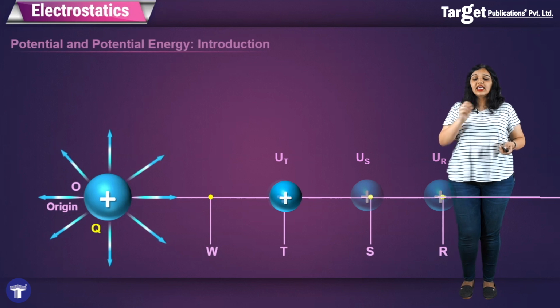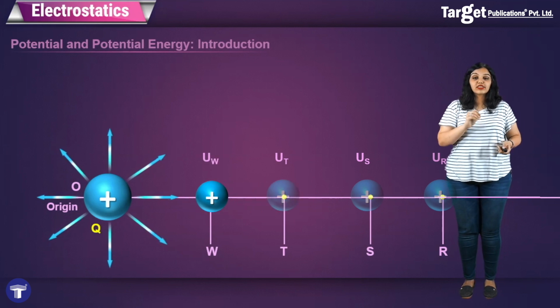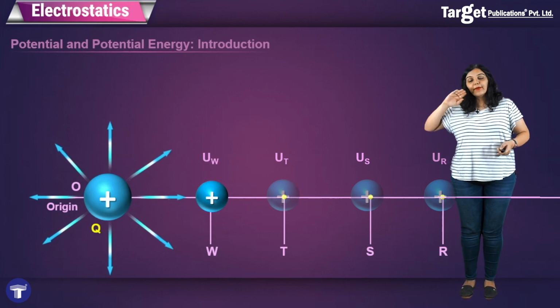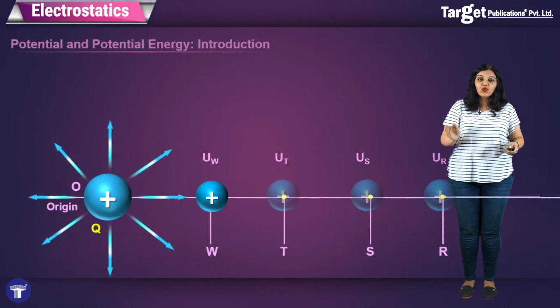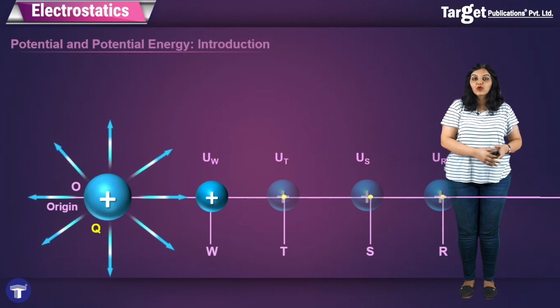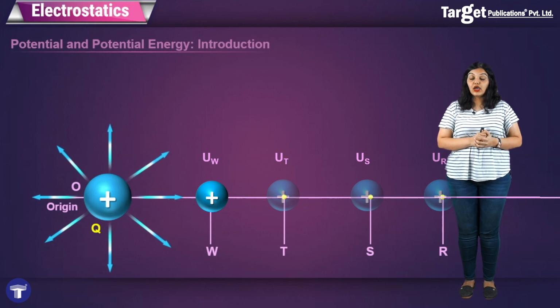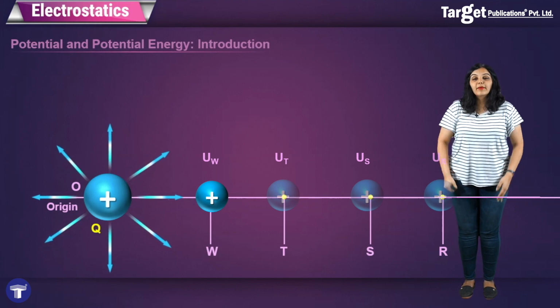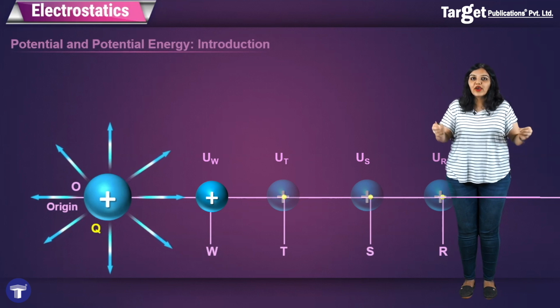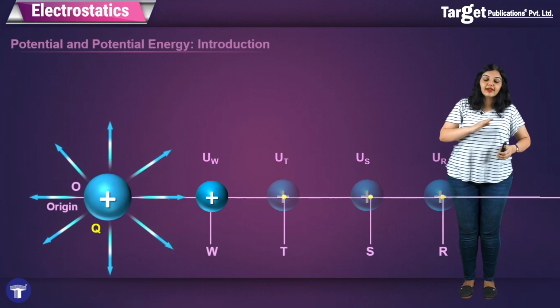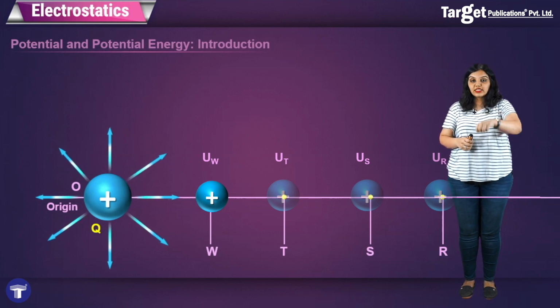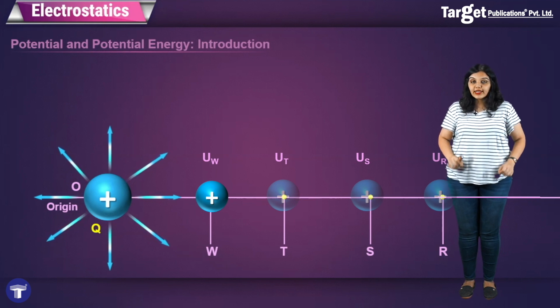So as you can see, every point possesses an electrostatic potential energy, and as I brought the charge from infinity to R, to S, to T, to W, finally I see that the charge has attained an electrostatic potential energy of UW. But here I have taken a very specific path. I brought it along this straight line from infinity to this point W. But this is not necessary.